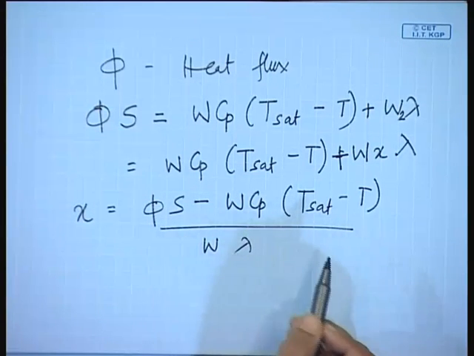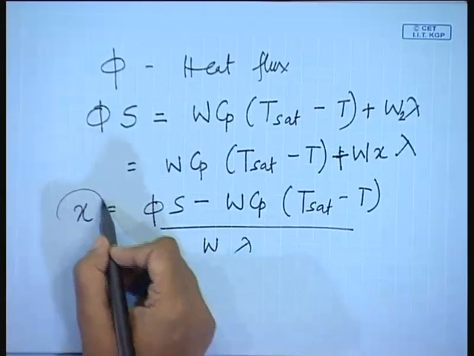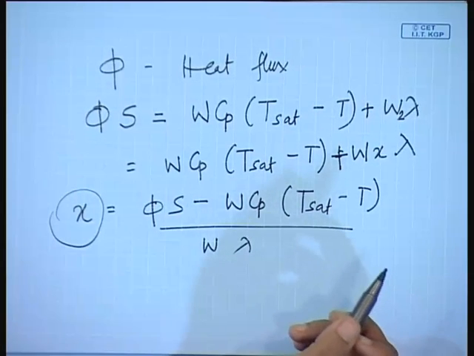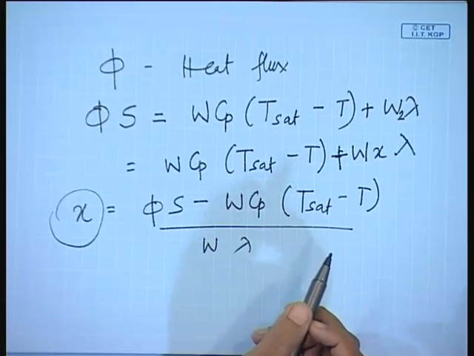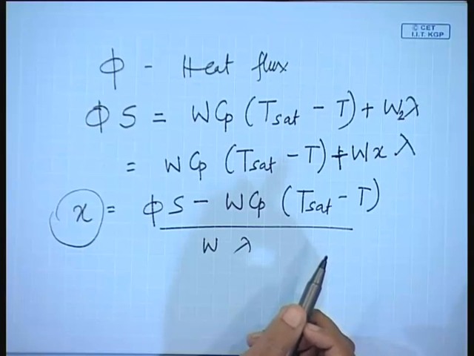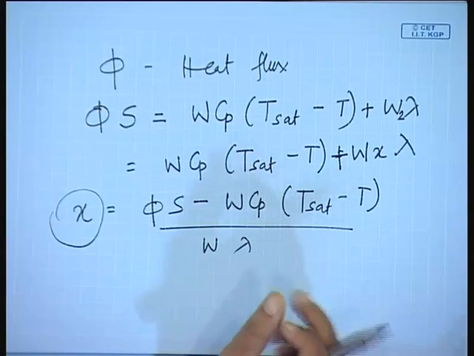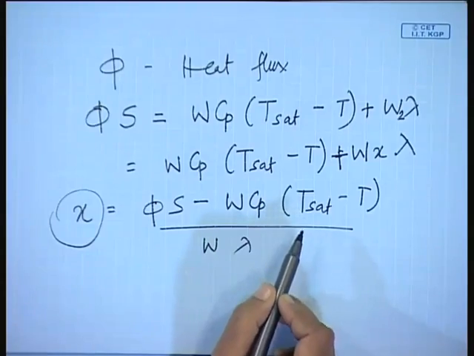All these are simply properties, and therefore, x is a measurable parameter. Now, if we have liquid and vapor, any questions, any doubts, you are free to ask me. So, this is the expression when liquid at below saturation temperature is flowing.